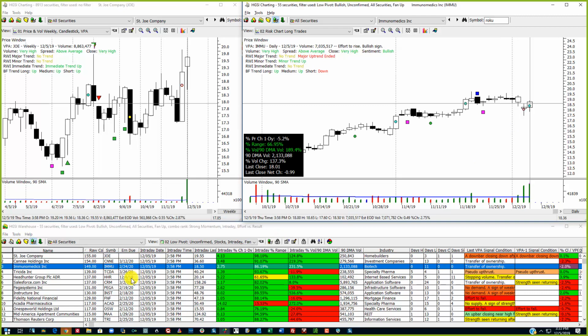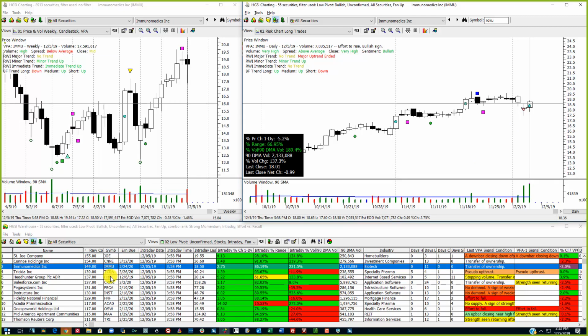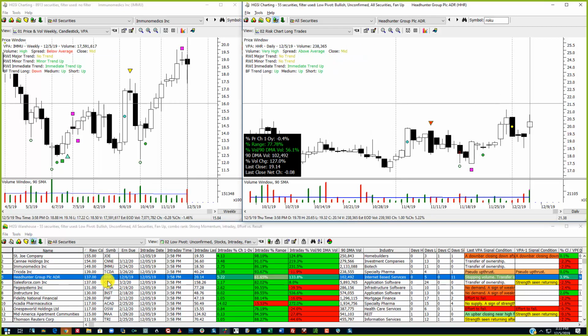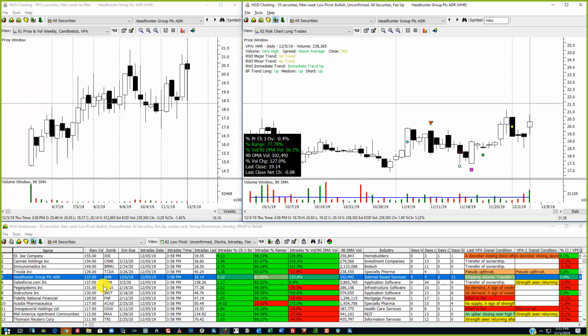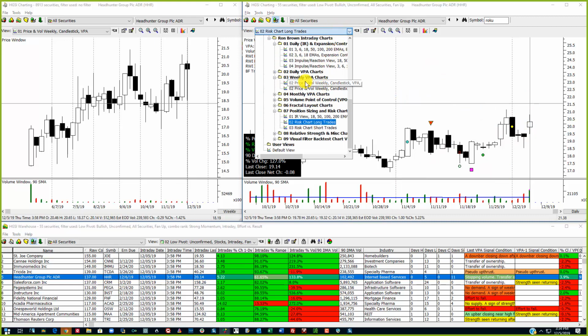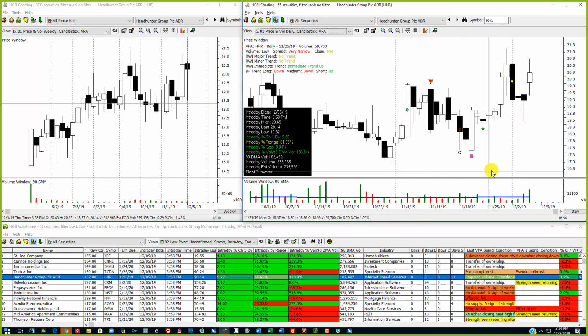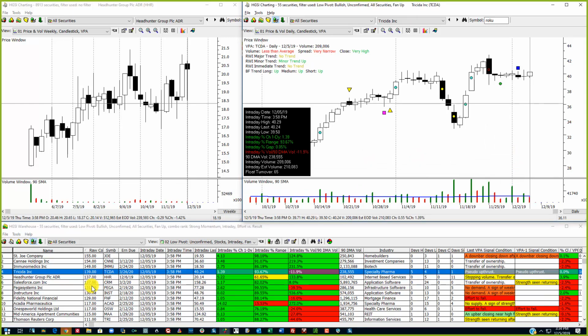Let me find another stock here. I'll go a little bit over. See, this compresses it, this chart that I use here. Let's look at just a daily VPA. Here's what the chart looks like normally. That's not a stock I'm interested in. Let's look at Salesforce. That's a well-known stock.